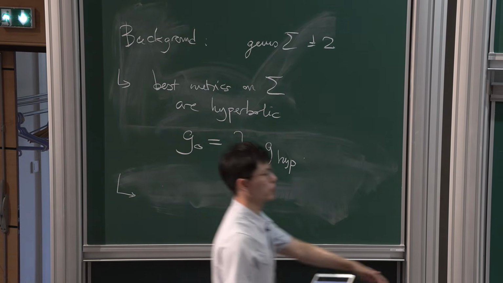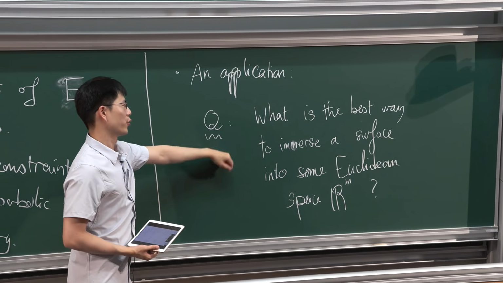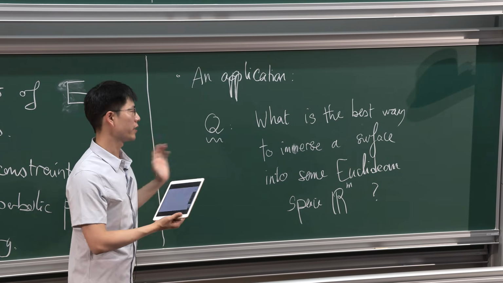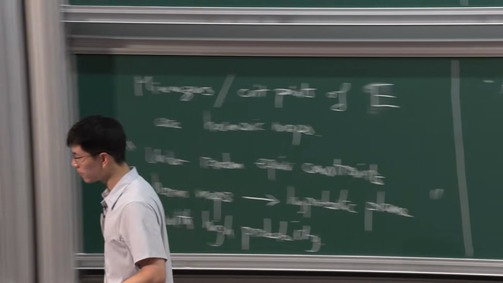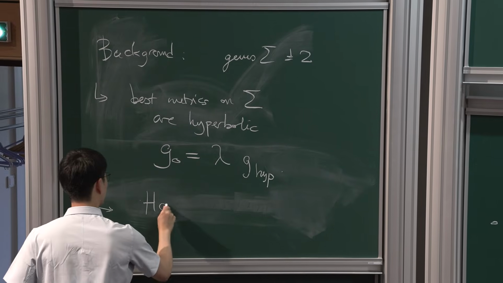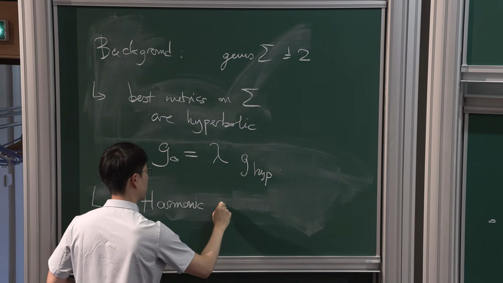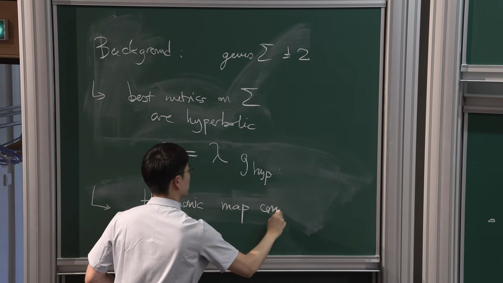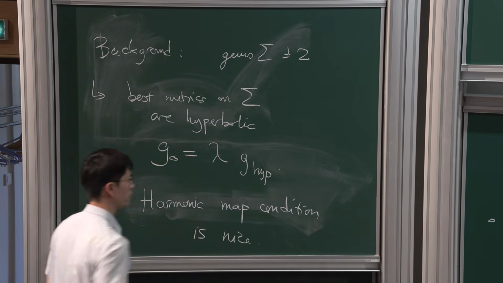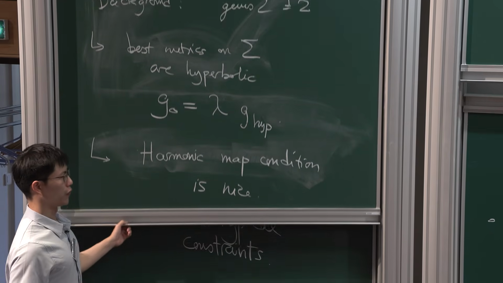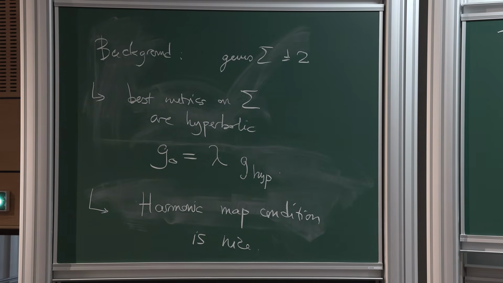So in view of this question, and also the title of this talk, one way to have a very nice immersion of a surface inside a space is to have a harmonic immersion, right? So this condition is a beautiful condition. If you've worked with harmonic functions, you know that they have a lot of very nice properties.